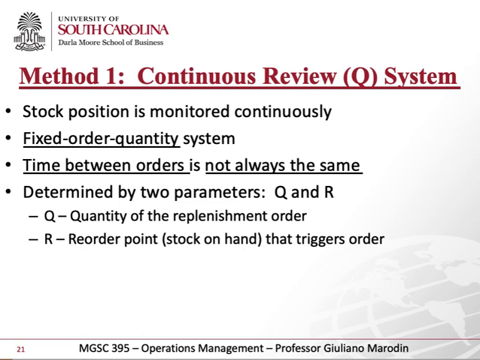So method one, continuous review system: basically you're always looking at your inventory level, and whenever it hits a certain point on hand, you're going to place an order. So imagine that you are learning how to best manage your inventory in your houses nowadays, right? We want to have food.